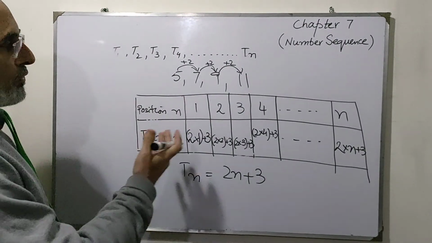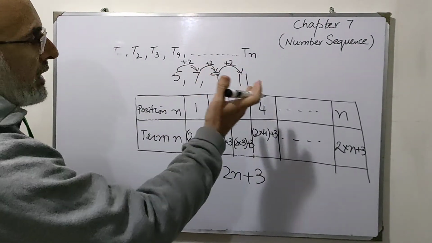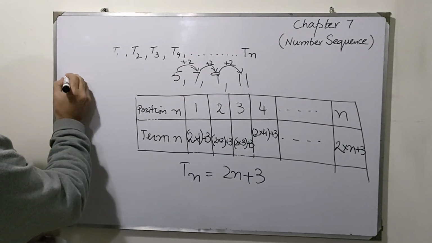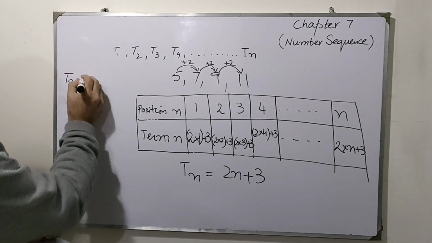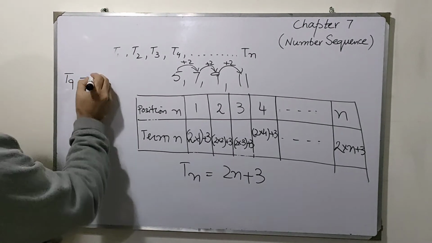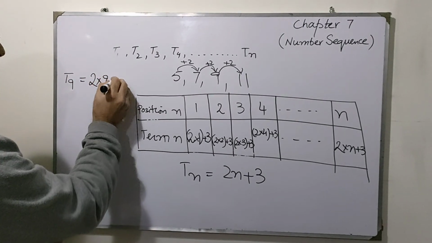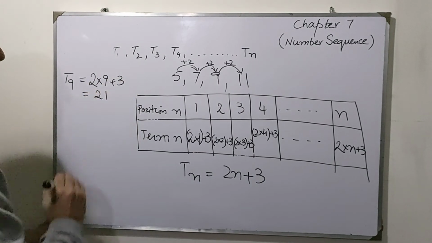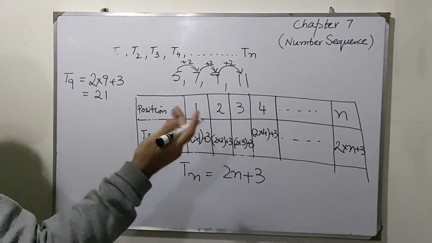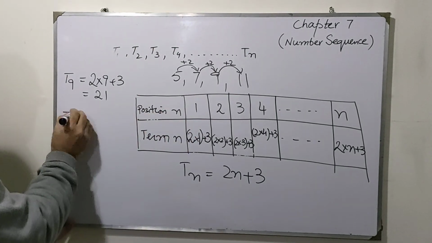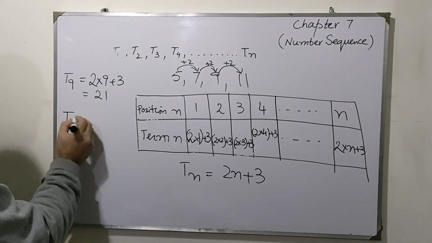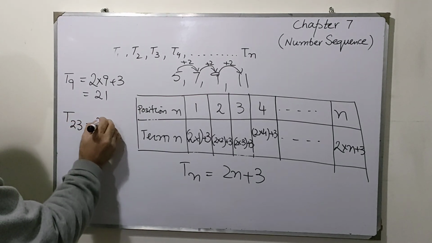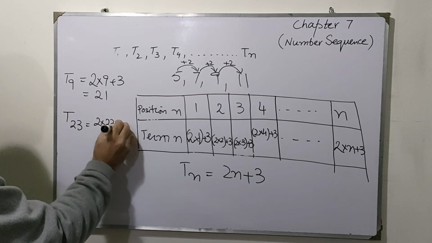Now if you want to find any term in it, let's say you want to know the 9th term, T9. So what are you going to do? 2 into 9 plus 3, which is 18 plus 3, 21. Okay. So if you want to know term number 23, what is it? 2 into 23 plus 3.